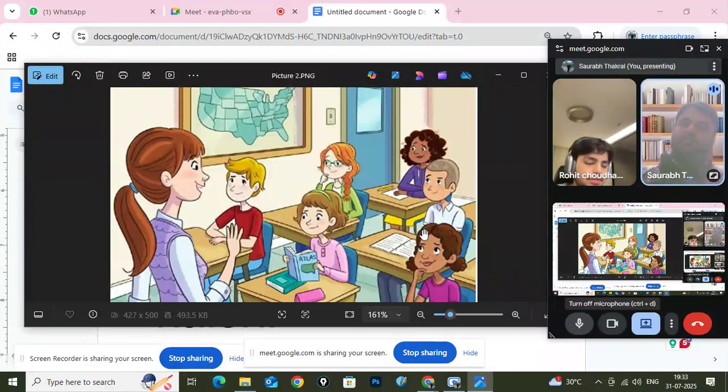Yes, there are chairs and tables also. We have done chairs and tables. So maybe we can say students are sitting on chairs. There are tables. There are five tables, and like this.